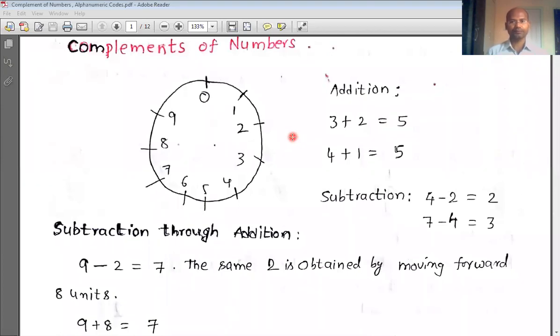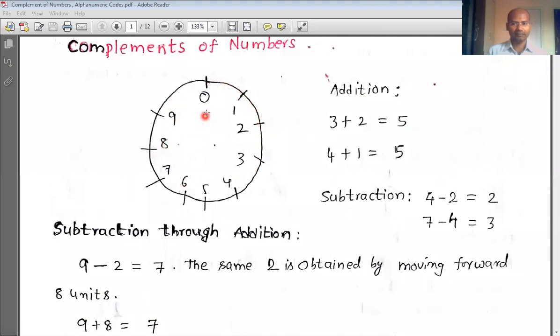The main idea is you can carry out subtraction through addition with simple additional circuits called inverters.